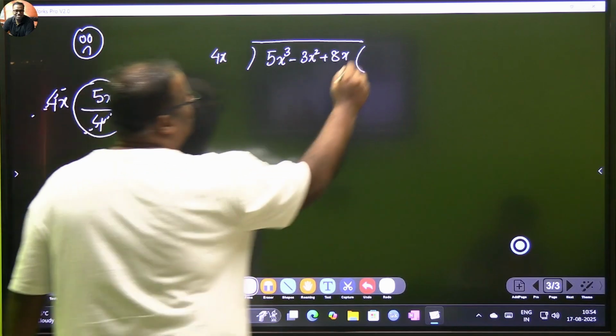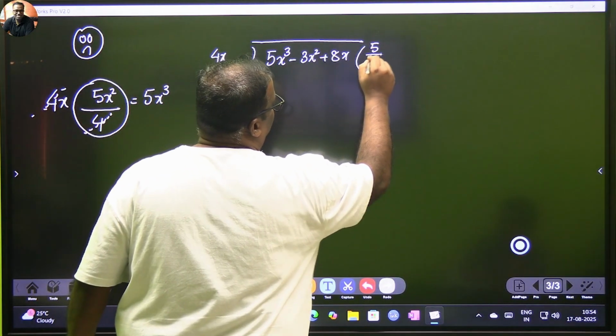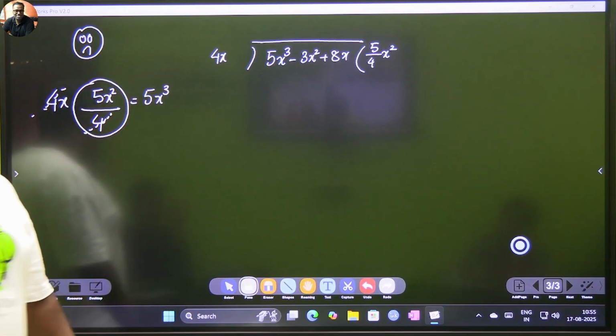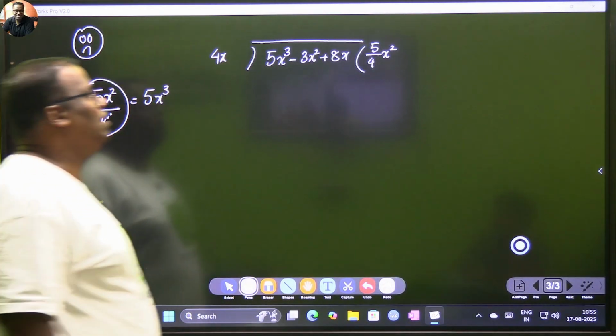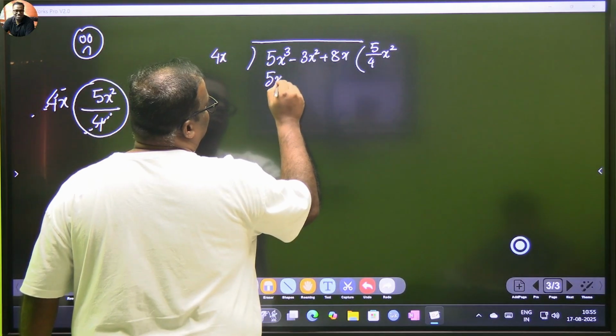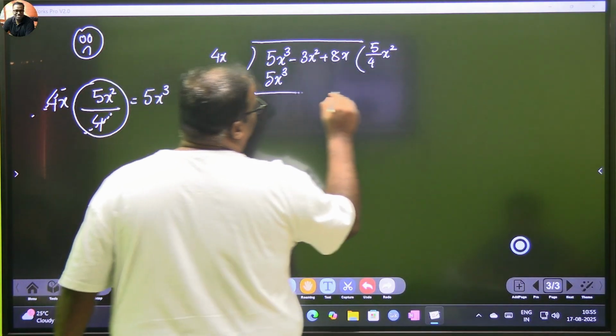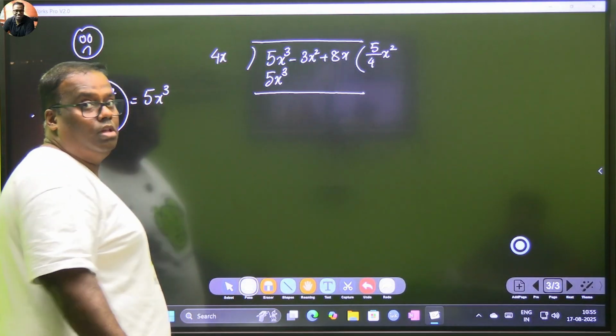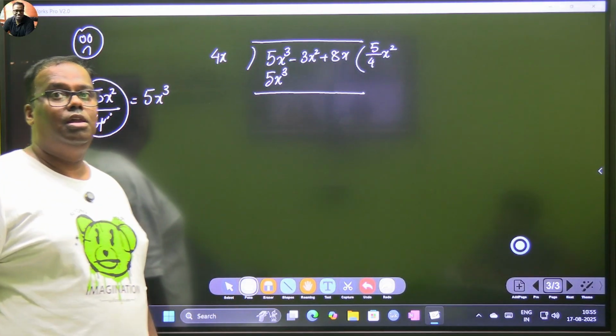If we multiply by 5 by 4 x square, then this becomes how much? 5x cube. Understood? Now what do we do? I did not understand.